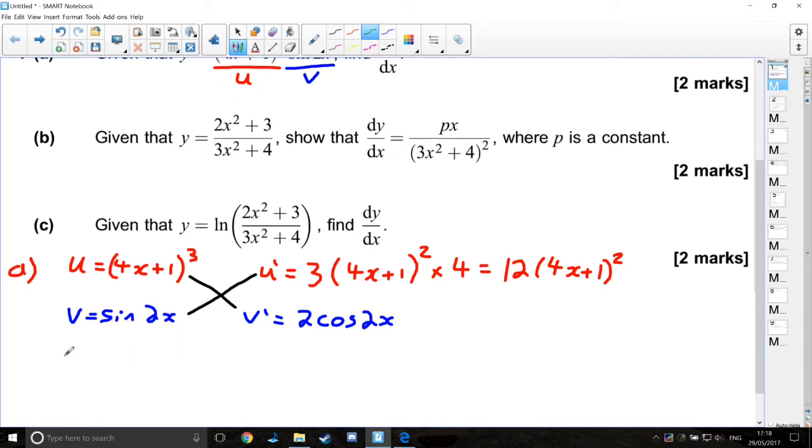So all in all, dy by dx, or y dash, is equal to 2 lots of (4x plus 1) all cubed times cos 2x, just putting the 2 over there makes it look a little nicer, plus 12 lots of (4x plus 1) all squared multiplied by sine 2x.